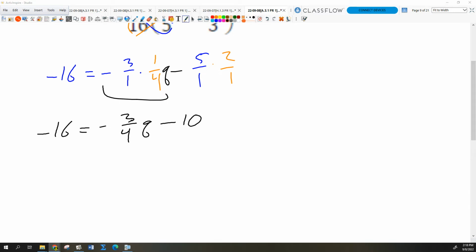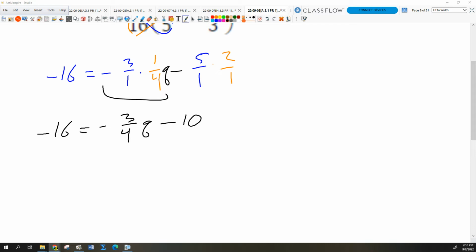Okay, now here's where people took a couple different paths, and both of them are okay in this case. You could just distribute a 4 through and clear all the fractions. That's fine to do, and that's probably what I sort of intended you to do. But some people noticed that because you've only got this one variable and this one fraction, you could also just push the 10 to the other side and divide each side through by negative 3/4, right?